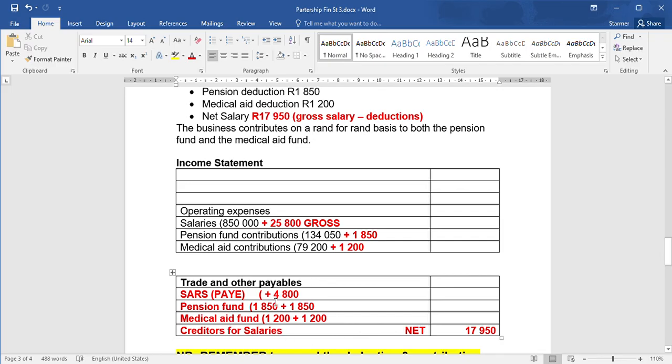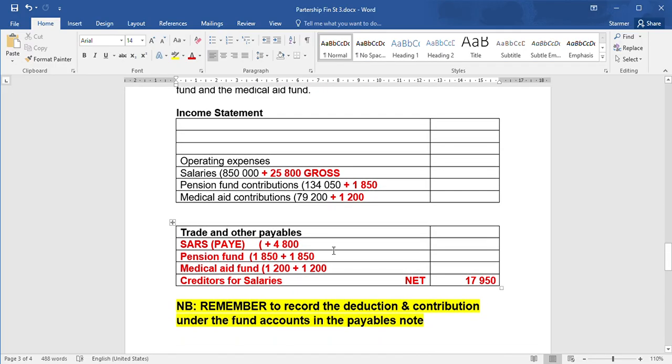So, in summary then, the gross salary is the total expense for the business. In the payables note, you split up who gets what. If the business contributes over and above, those are additional expenses, and those also get owed to pension fund, medical aid, or whatever. So don't forget deduction and contribution where relevant.